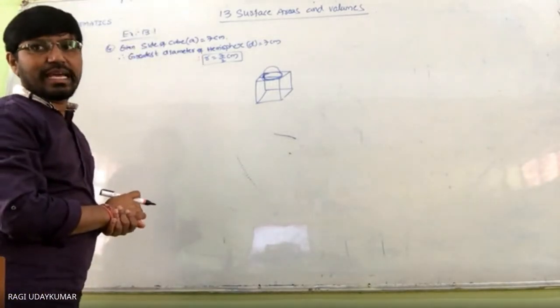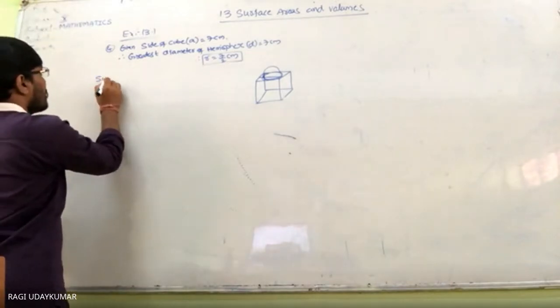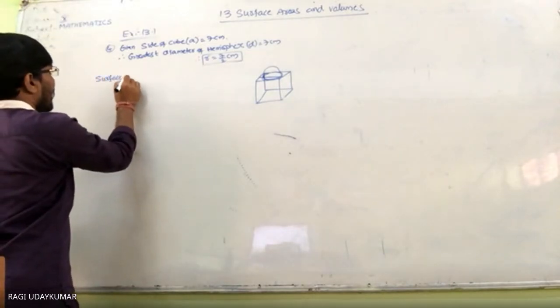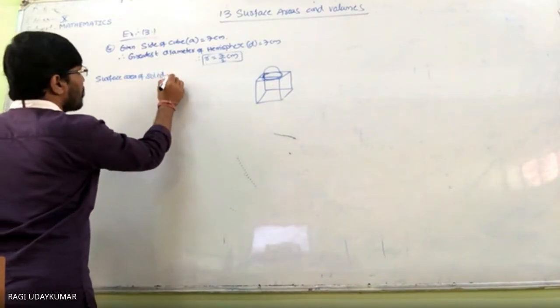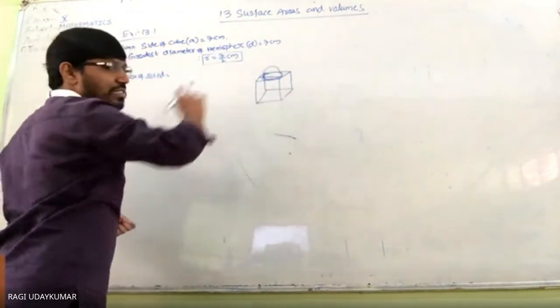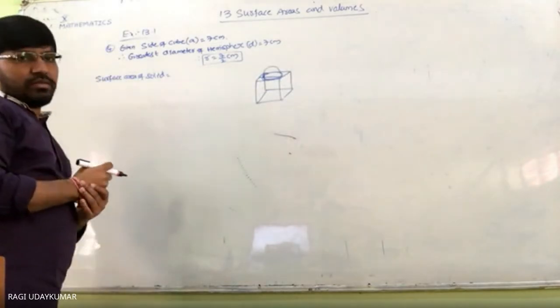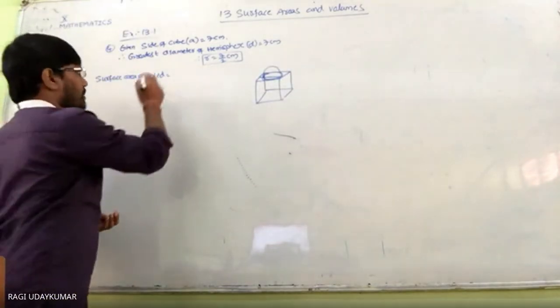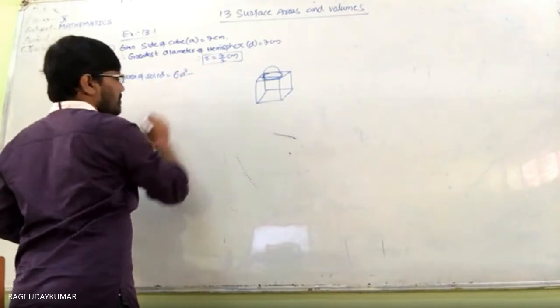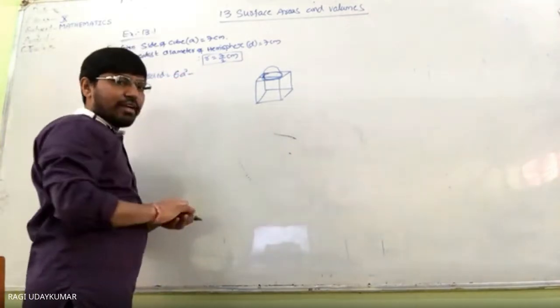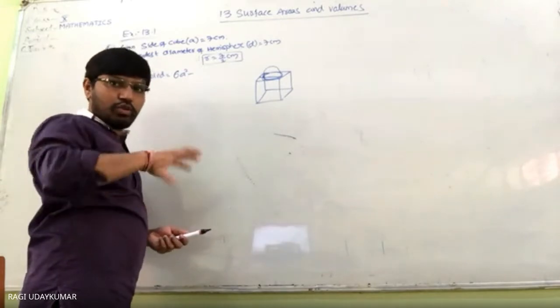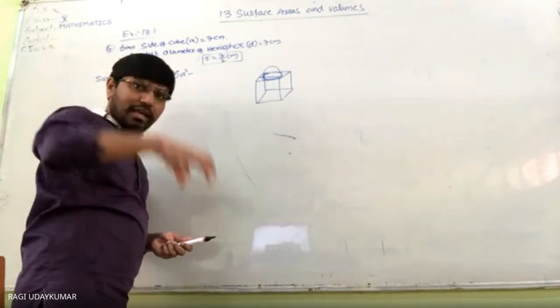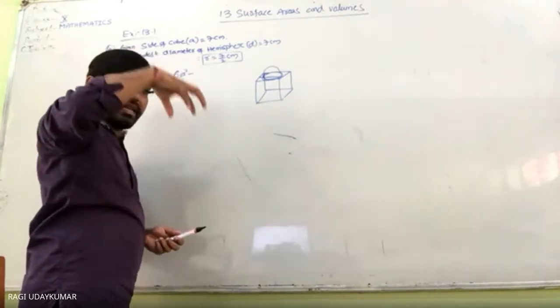If you want to find out surface area of solid, it will be equal to, what is the total surface area of the cube? 6a square minus circular part is covered by hemisphere. कवर हो गया ना, वो तो हमको नहीं दिख रहा है. ऊपर circular part hemisphere is placed.